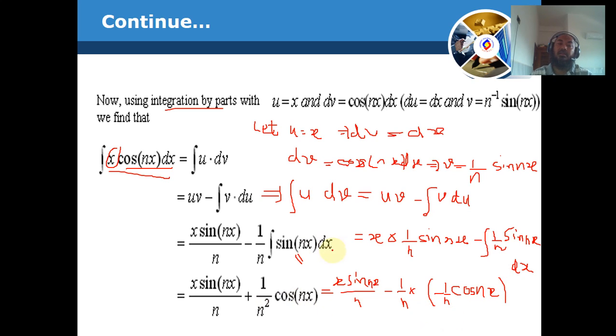So you can go back and recall the formula for the integral of sin nx dx.